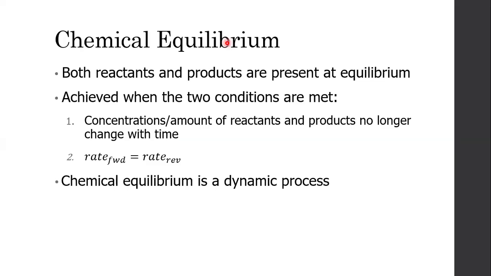So he can continue with the reaction backward and forward, but we won't see a change anymore macroscopically in terms of concentration. But we know the reactions didn't stop. There's still this forward and reverse reaction happening simultaneously, continuously.